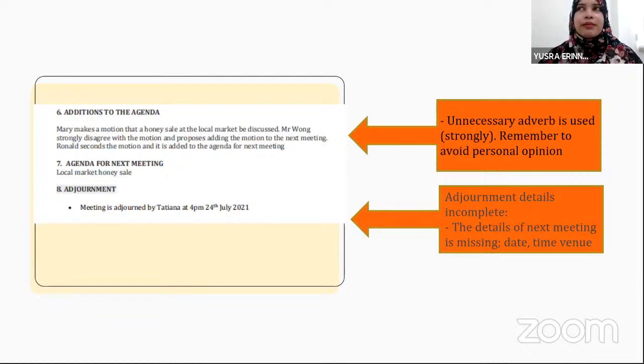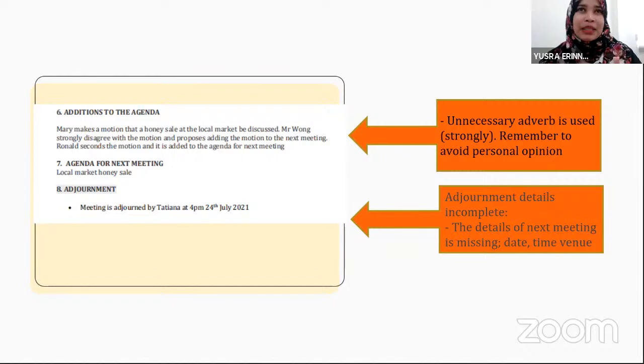Sometimes they will argue, sometimes they will strongly object, strongly reject some people's opinion. So it is not necessary for you to record that in the minutes of meeting.